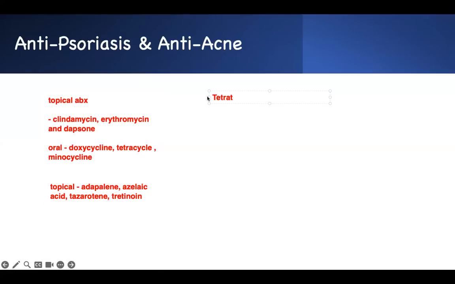Tetracycline oral form is another one you have to know every word about. This is used for systemic acne. These medications should be taken on an empty stomach with a full glass of water.